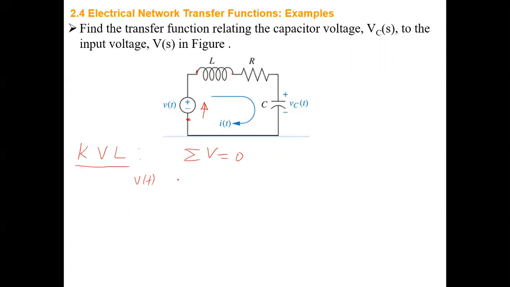L di over dt. Then what is the voltage drop here? Ri. And here? 1 over C, integral from 0 to t, i d tau.